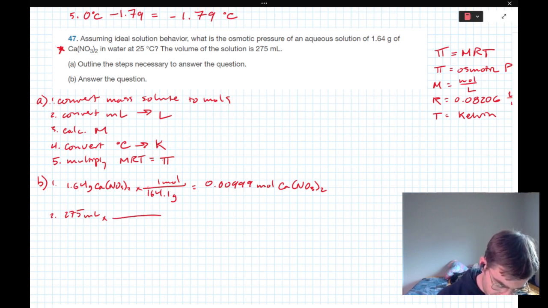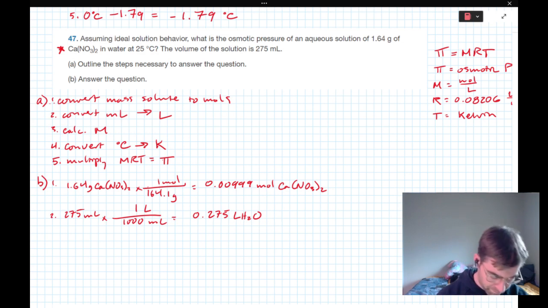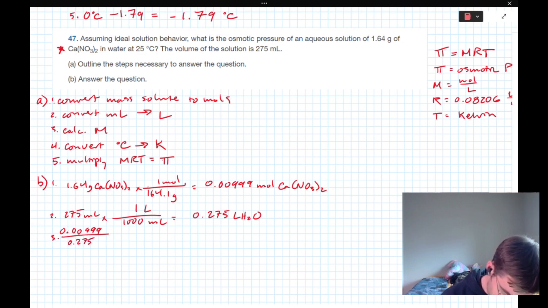Milliliters of water, divide by 1,000 milliliters per 1 liter, equals 0.275 liters of H2O, which gives us our molarity, which is 0.0, I'm going to get that wrong, 0.999 over 0.275 gives us 0.0363 molar.